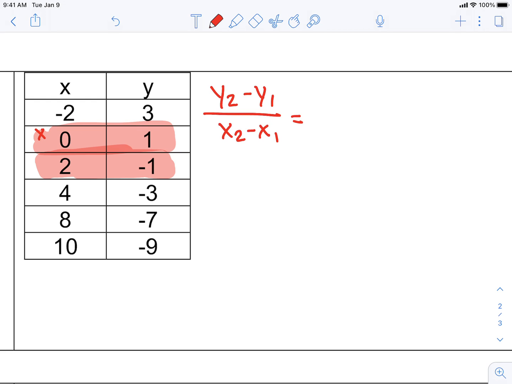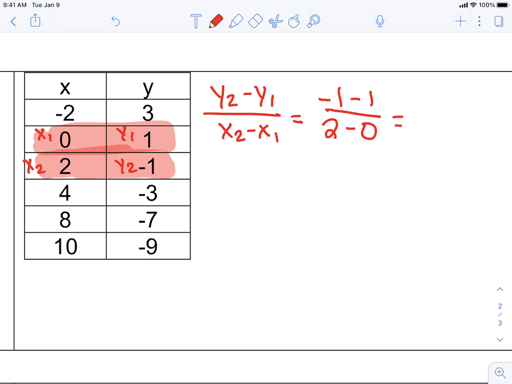Okay, so my x1, my y1, my x2, my y2. Okay, from here, let's see. y sub 2 is a -1 minus 1, because that's y sub 1, over x sub 2, which is 2, minus 0.